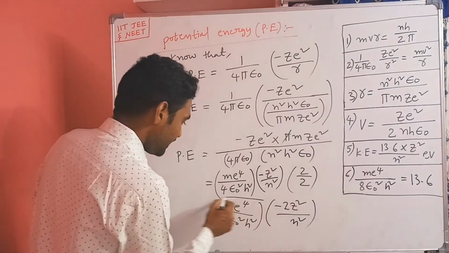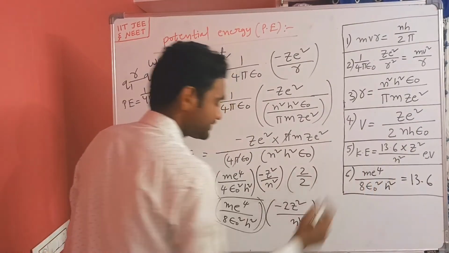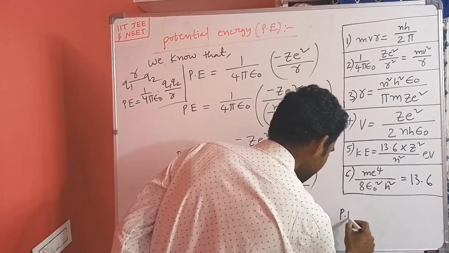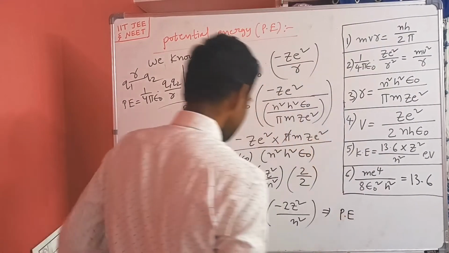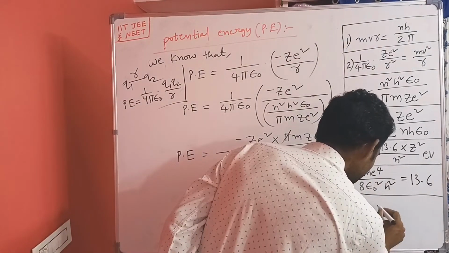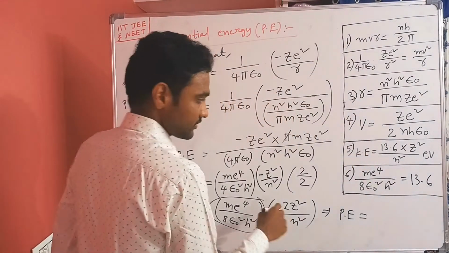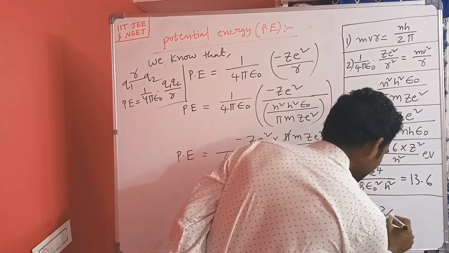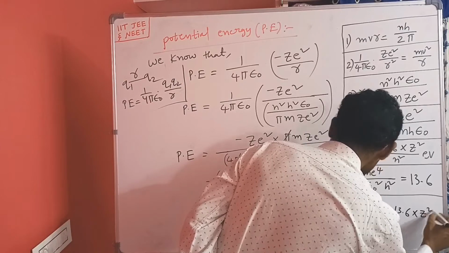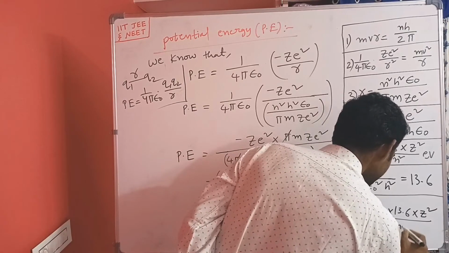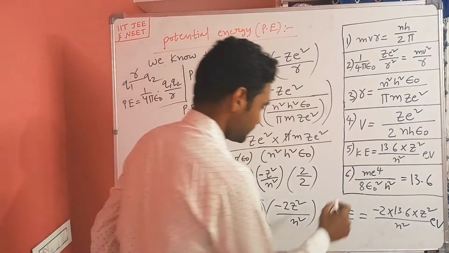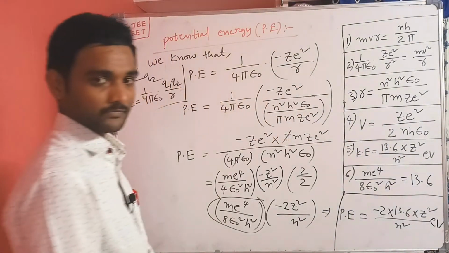This value we already know, this value is 13.6. Now what is the potential energy? Potential energy is this value 13.6, and minus 2 is also there. So minus 2 into 13.6 into Z square by n square electron volts. Okay, it is the potential energy formula.